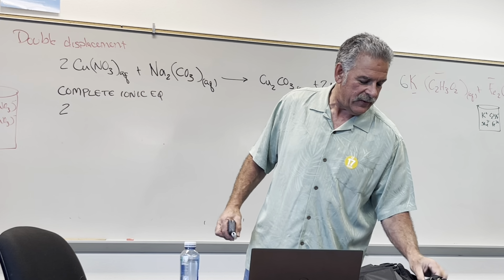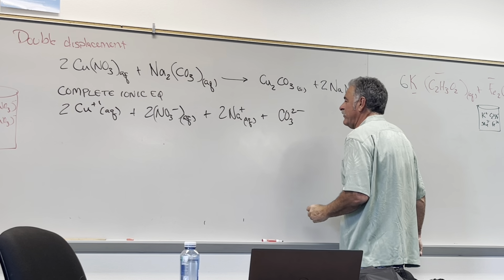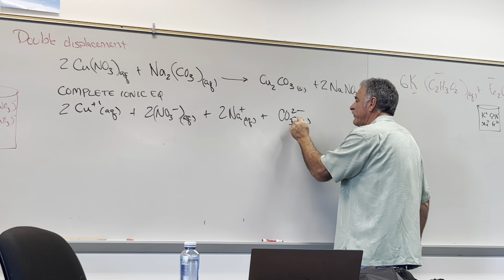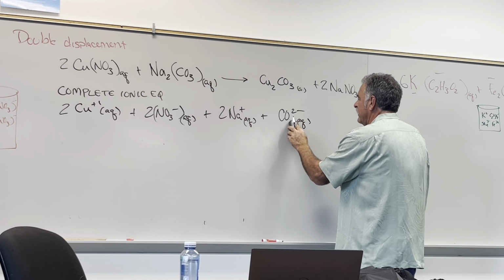Okay. 2 copper plus 1 AQ plus, I'm going to break this nitrate up into an anion, and then 2 sodium plus. You get so tired of writing aqueous, it's unbelievable, but it does help you understand what's going on.